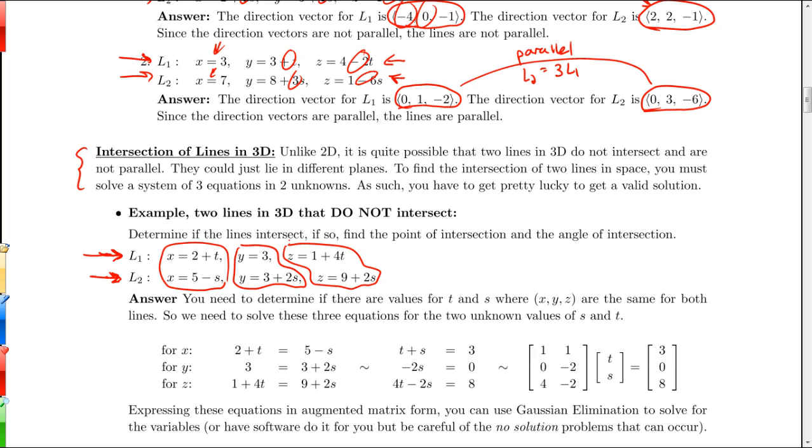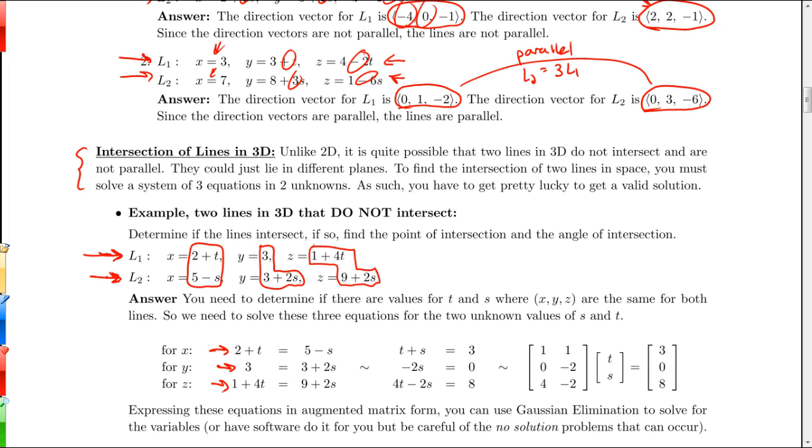So specifically for x, I'm going to need to set 2 plus t equal to 5 minus s, and that's what I'm doing right there. And then for y, I'm going to have to set 3 equal to 3 plus 2s, and that's what's going on right there. And then for z, I'm going to have to set 1 plus 4t equal to 9 plus 2s.